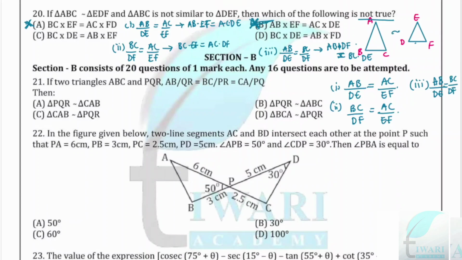So option D is also true, which can't be the right answer. So the remaining answer is C, which is not true. So option C is the correct answer.